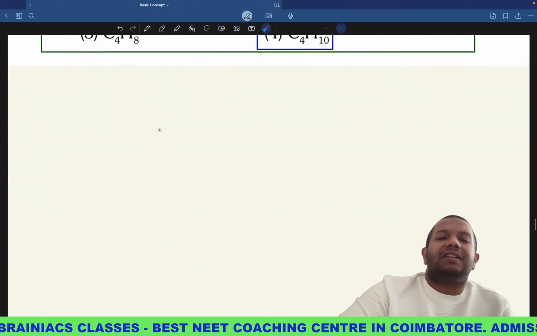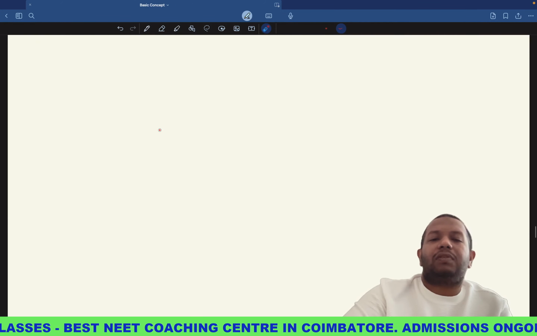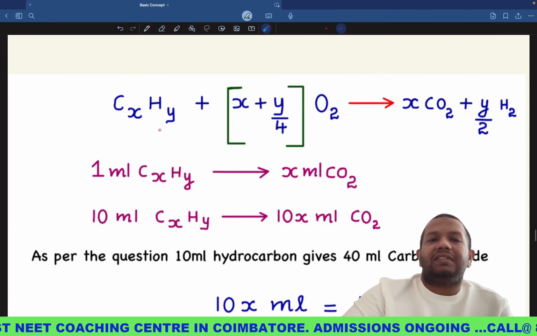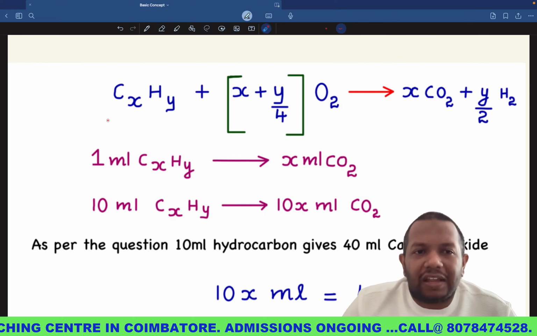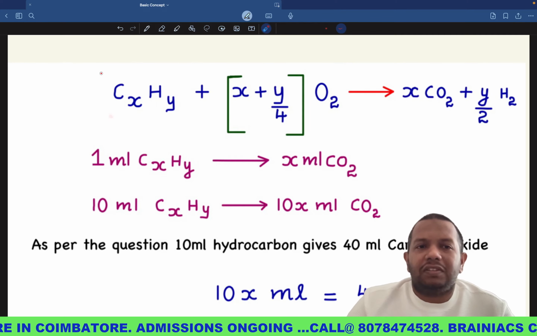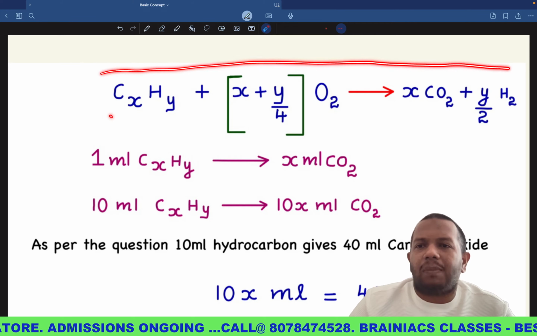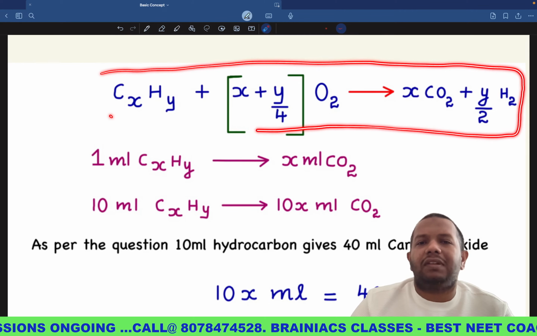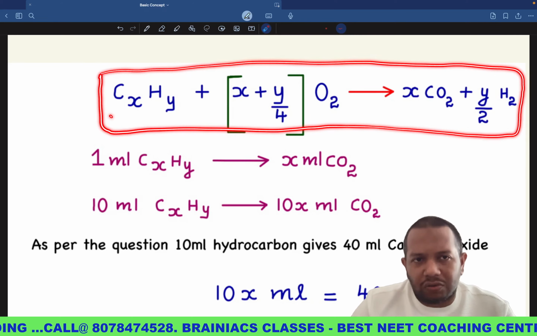So we will go to our general equation, which I explained in the first series. This is the general equation for any hydrocarbon that undergoes oxidation. Please learn this, it is very important. Don't skip it.